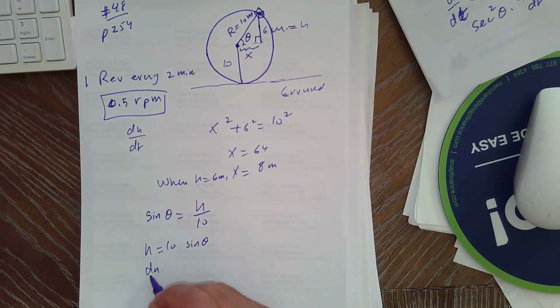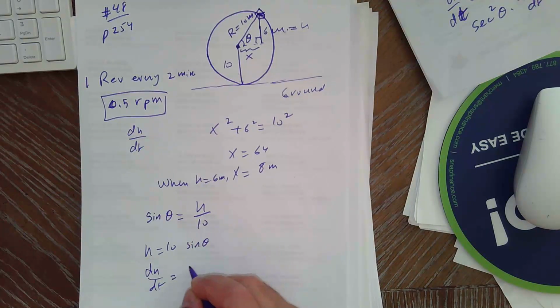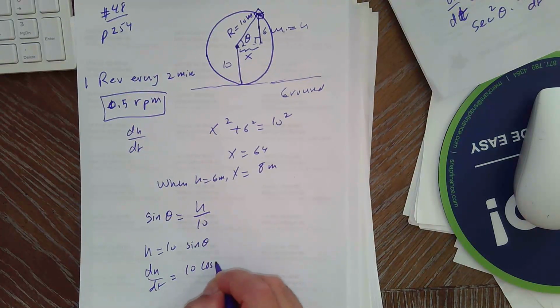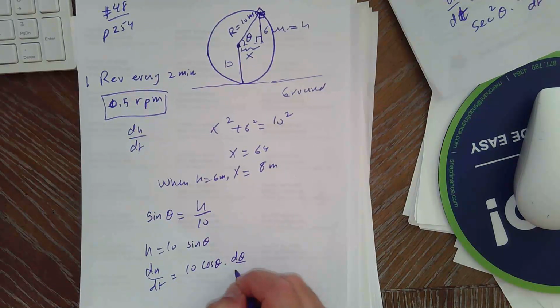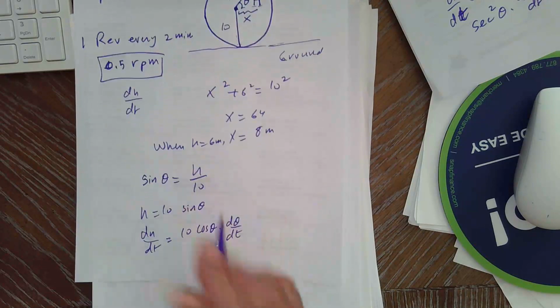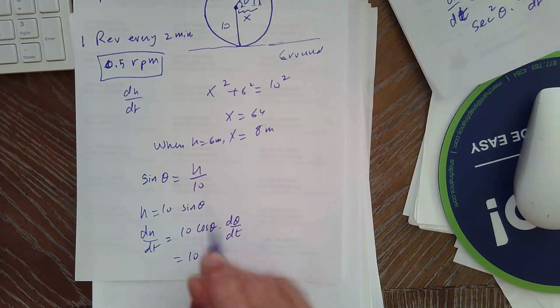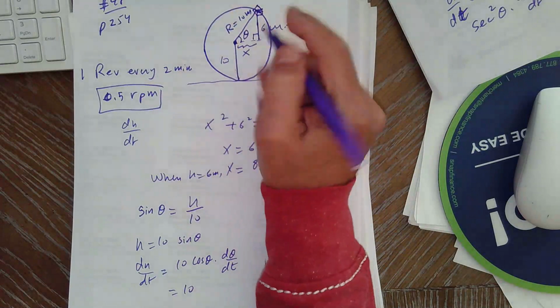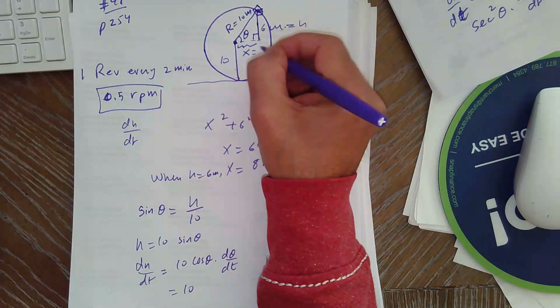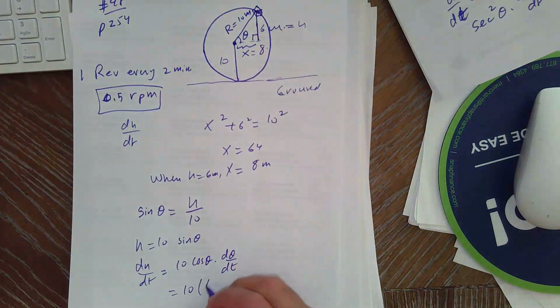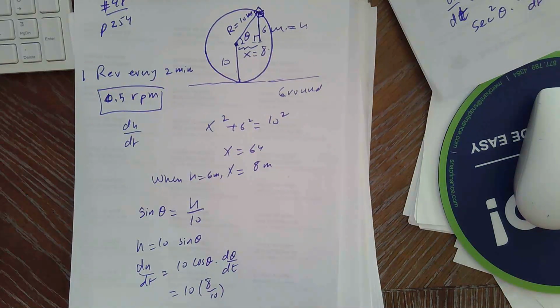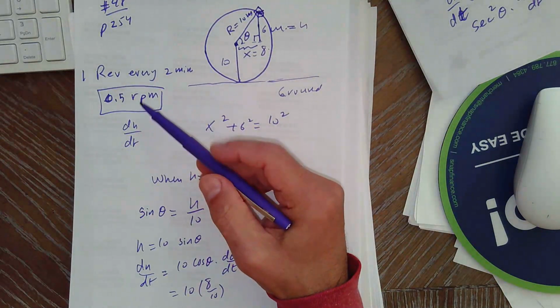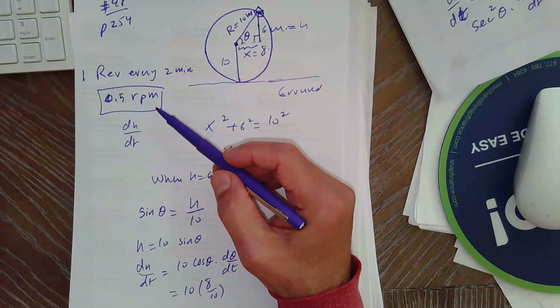So dh by dt is 10 times the derivative of sine, which is cosine. Chain rule says I have to multiply by d theta by dt. Cosine is adjacent over hypotenuse. When h is 6, x is 8, so it's 8 over 10. And d theta by dt we get from the rate: 0.5, half a revolution per minute.